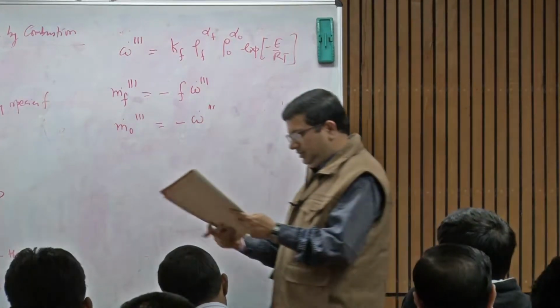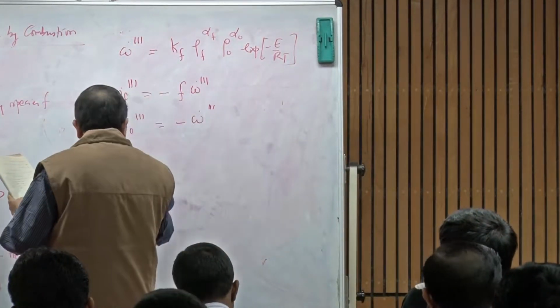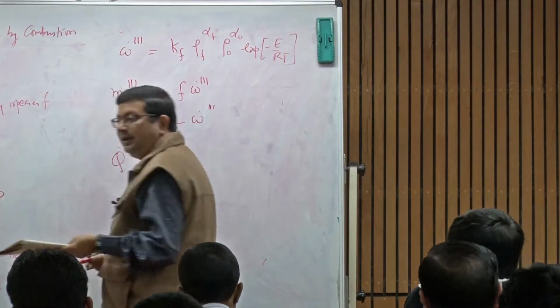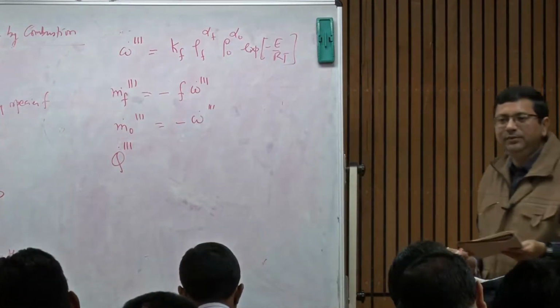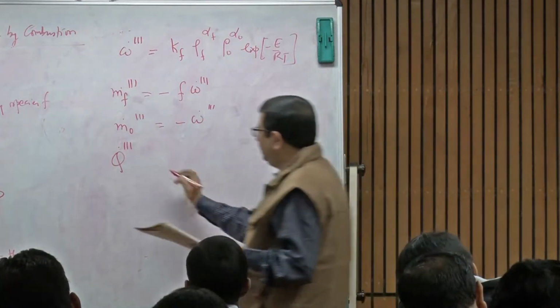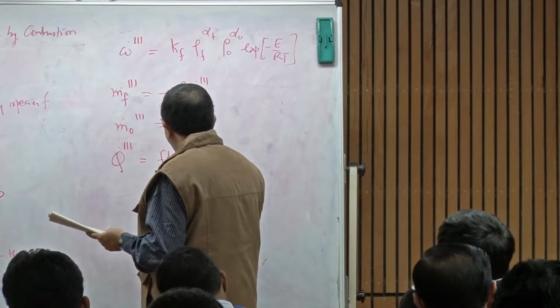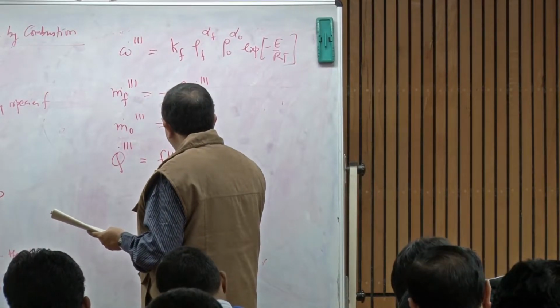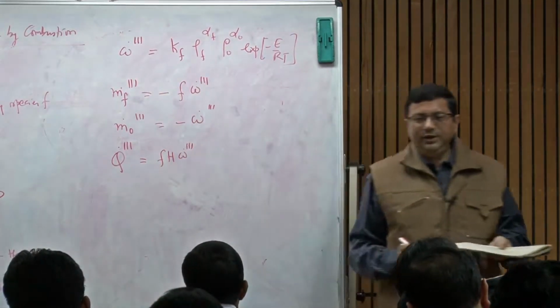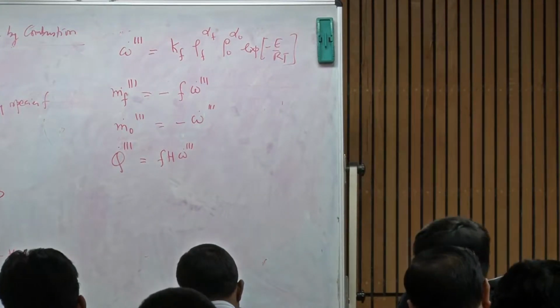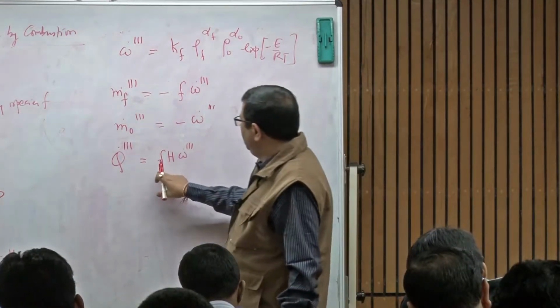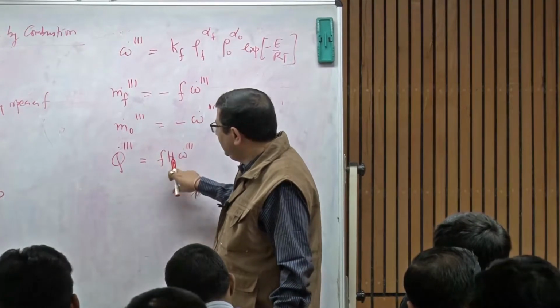However, the volumetric heat addition because of chemical reaction is equal to F H omega dot. This is the volumetric rate of reaction, the amount of fuel, and heating value.